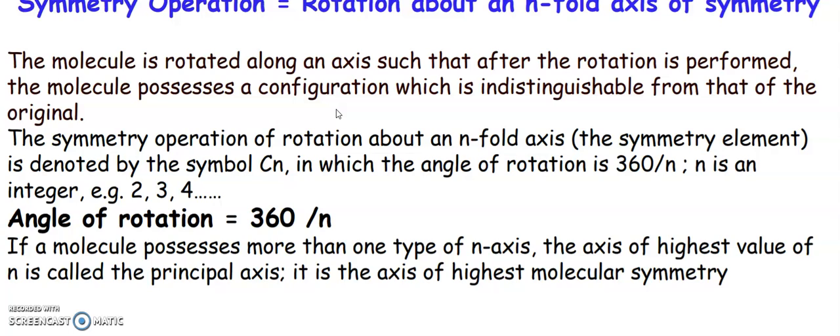For the symmetry operation of rotation about an n-fold axis, the symmetry element is denoted by the symbol Cn, in which the angle of rotation is 360 divided by n, where n is an integer, for example 2, 3, 4. So n is called the principal axis, and it is the axis of highest molecular symmetry. If a molecule possesses more than one type of axis, the axis of highest value n is called the principal axis.